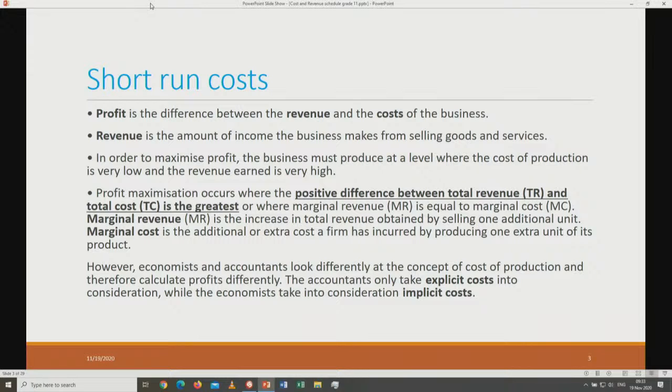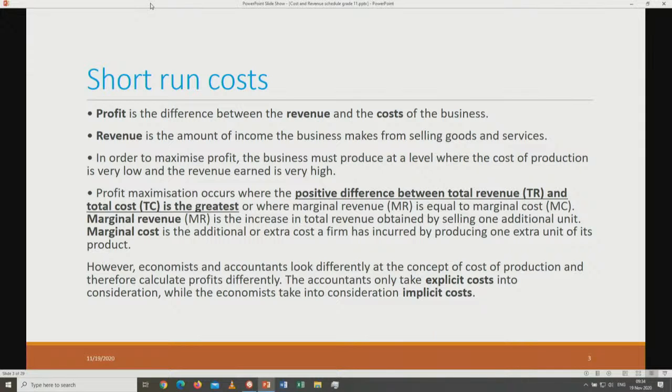Now, the point that I want to raise is that those of you who are studying accounting as well as economics will realize that there's a difference between how an accountant looks at costs and the calculation of profit. It is different from the way an economist looks at it. They do not calculate profit in the same manner. Now let's look at that quickly.